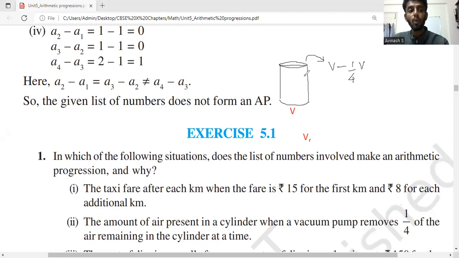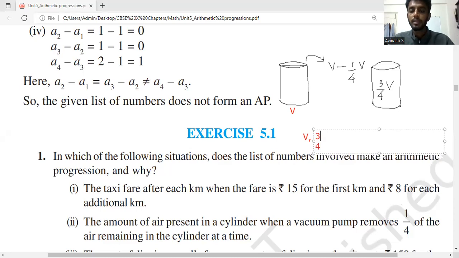The overall volume is V, and from that V we remove 1/4 of that volume. When we take the LCM, you get 4V minus 1V by 4. This will give you 3V by 4. So in the second stage, after removal of 1/4 of the volume, the cylinder will contain 3 by 4 V. This will be the volume left in the cylinder, and that will be our second term.